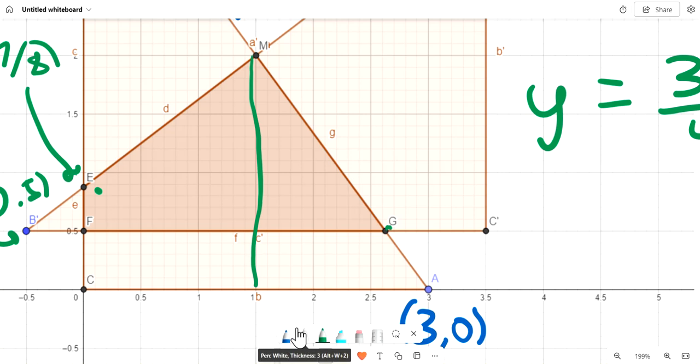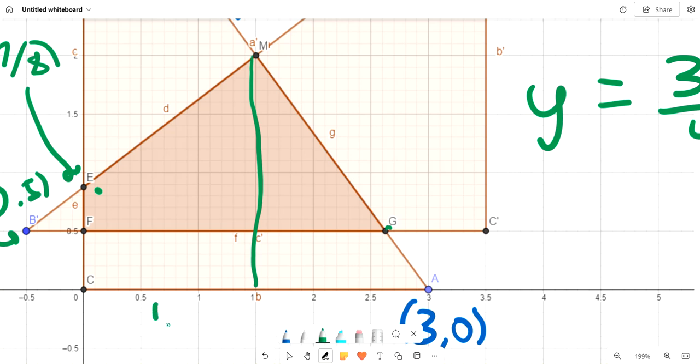And if we can find this part by having MEC minus the rectangle here.